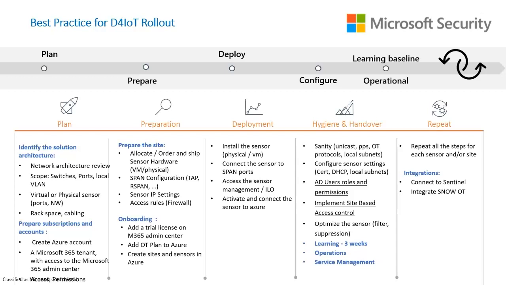And then once they've done that, that is when we talk about sizing the site. What I mean by sizing the site is identifying the throughput of the site. What kind of bandwidth are we looking at? How many devices are we looking at? And that will take us to deciding what kind of sensor we would have.